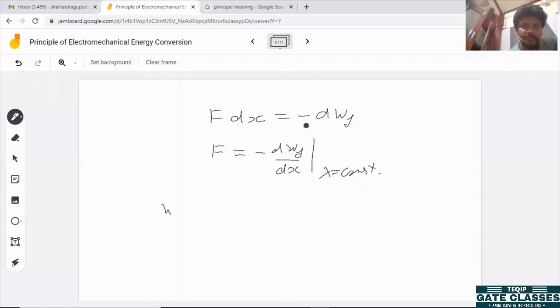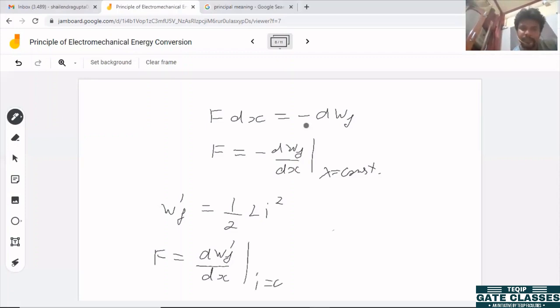We know that we have calculated that the co-energy is half L i square, so we can write our force as the rate of change of this co-energy with respect to the displacement, and here i will be maintained constant.